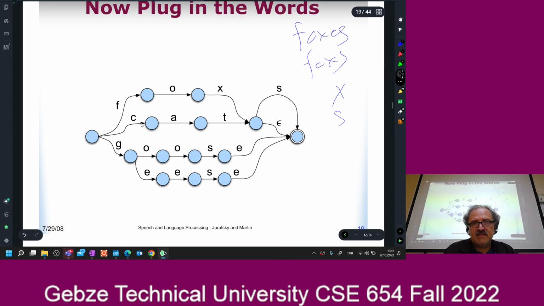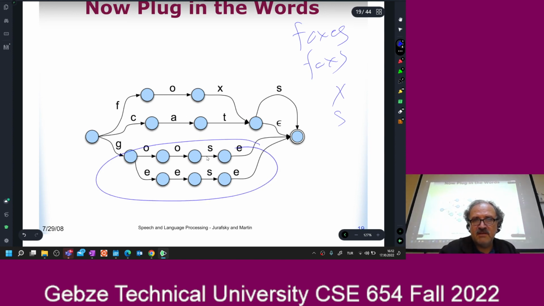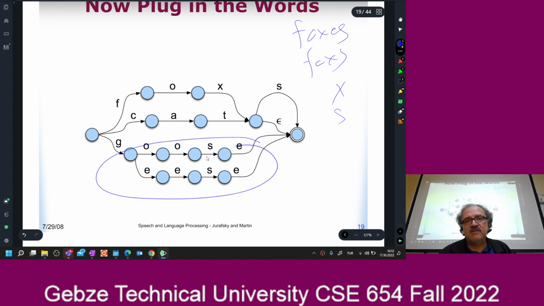Fox, foxes, cat, cats, goose and geese. Okay, these are irregular stuff. The bottom two are irregular stuff here. Top two are regulars.